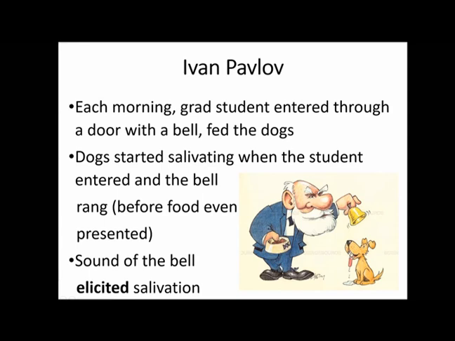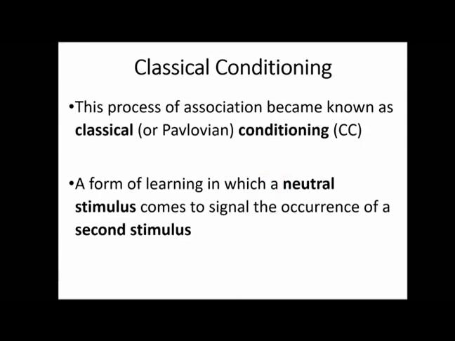And here, when we talk about something eliciting a particular response, we're saying that it's driving or causing that response. So here, hearing a bell caused the dogs to start salivating.